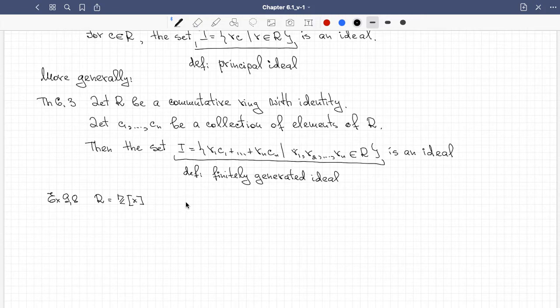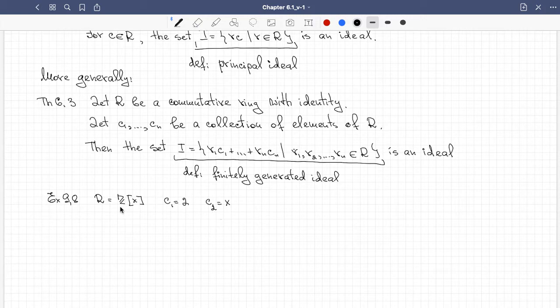We take for c1 the number 2. This is a polynomial with integral coefficients of degree 0. And for c2, we take x, which is the same thing as 1 times x.